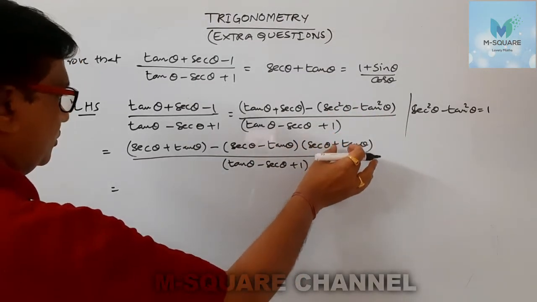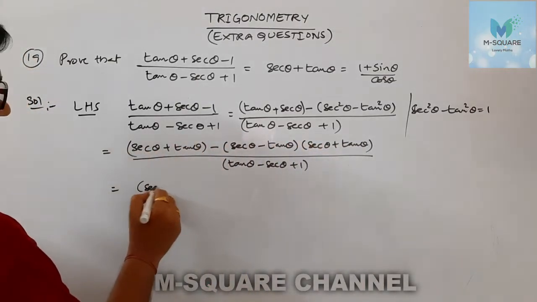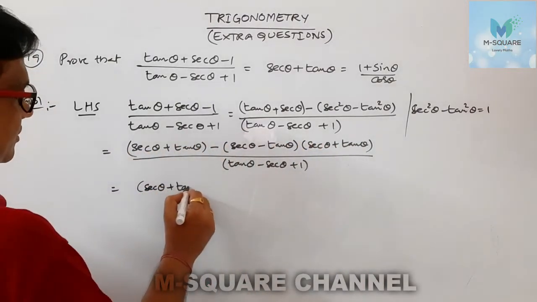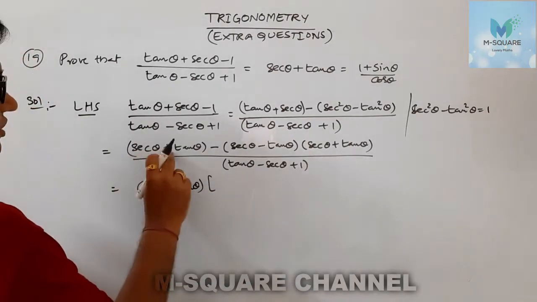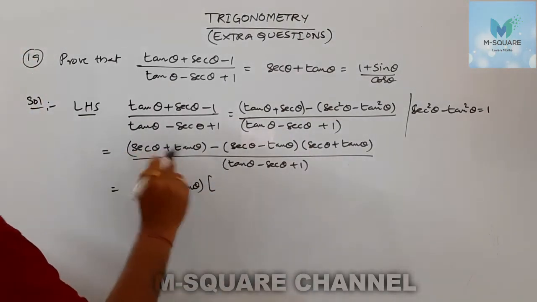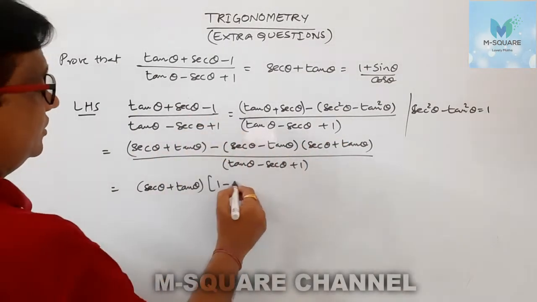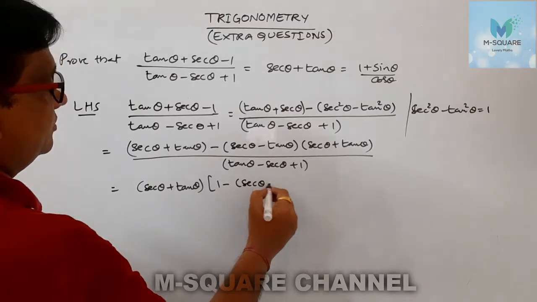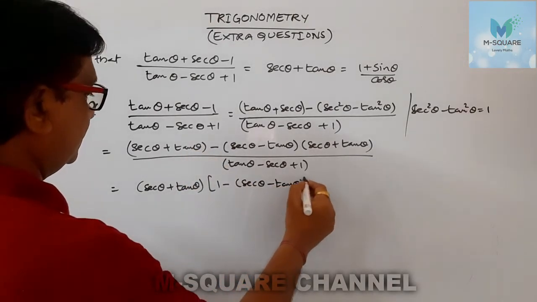So I am going to take this a plus b common. So secant theta plus tan theta common, square brackets. So this part is coming outside, means it is 1 minus this part come back. So here secant theta, put it in a bracket, because minus is there, that's why you put it in brackets.